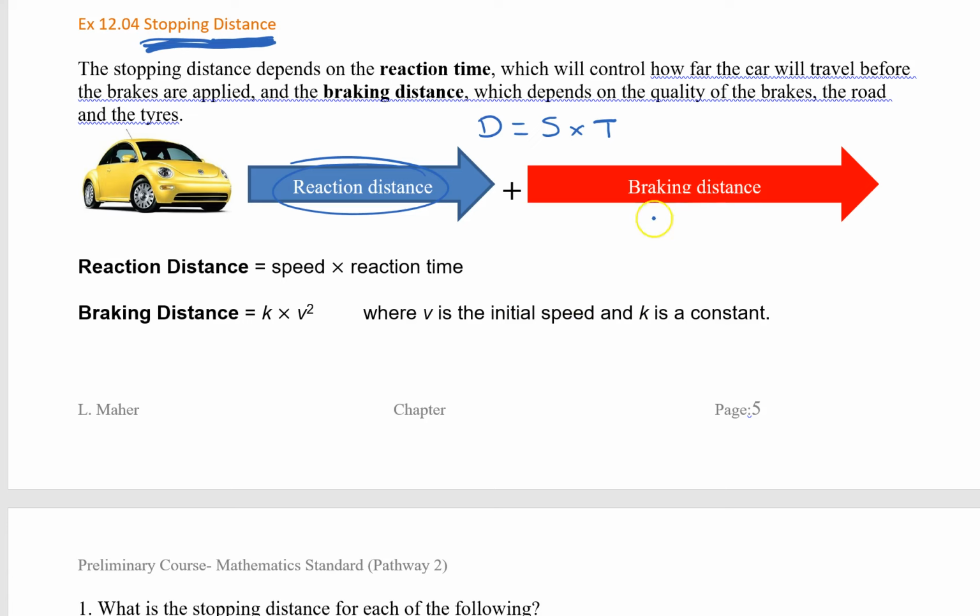So we're just going to simply say that braking distance is k times v squared, where v is the speed the car was travelling at, and k is just some constant. If k isn't given, there will be other information given so that we can work k out. What's important is that your total stopping distance is made up of two components.